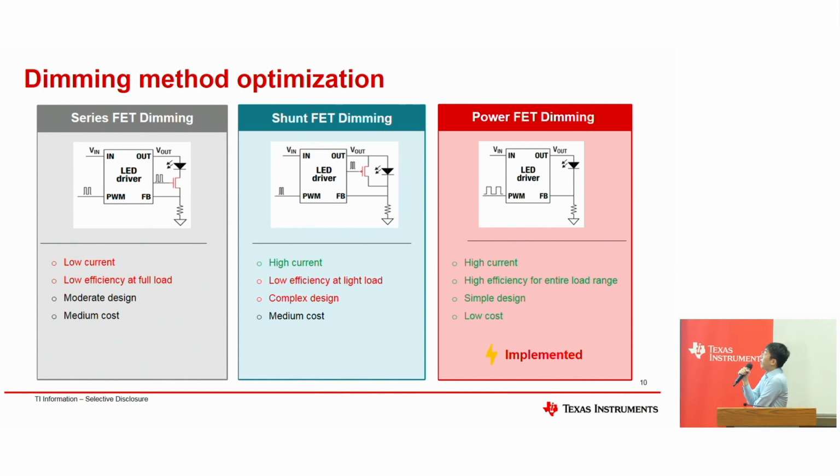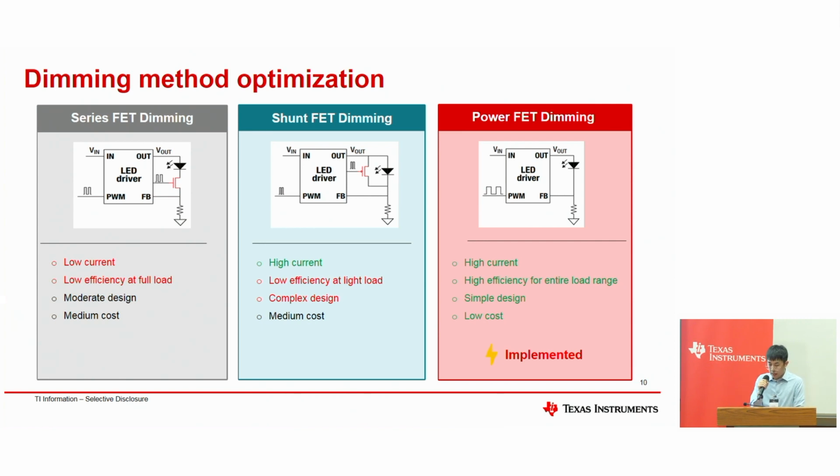The main topic is how the LED driver dims the LEDs, or the dimming method optimizations that we did. Usually for LEDs, if you want to toggle on and off, we have seen two main ways to do it. The left one is what we call serial FET dimming, where you place a serial FET on the low side between your LEDs and the ground, and you toggle this power MOSFET with the signal sent from the LED driver or possibly from an MCU.